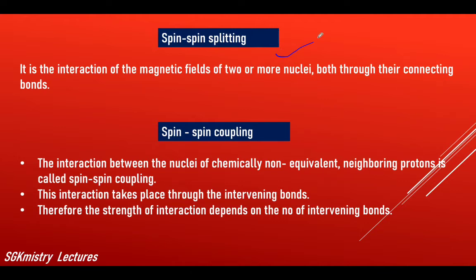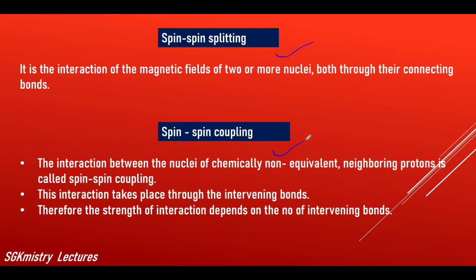Whenever there are different types of hydrogens, we know that in a particular molecule there may be 3 different types of hydrogens, 4 different types of protons, etc. When these different types of non-equivalent protons interact with each other, this results in splitting of the signals. This interaction between the different nuclei is called spin-spin coupling.